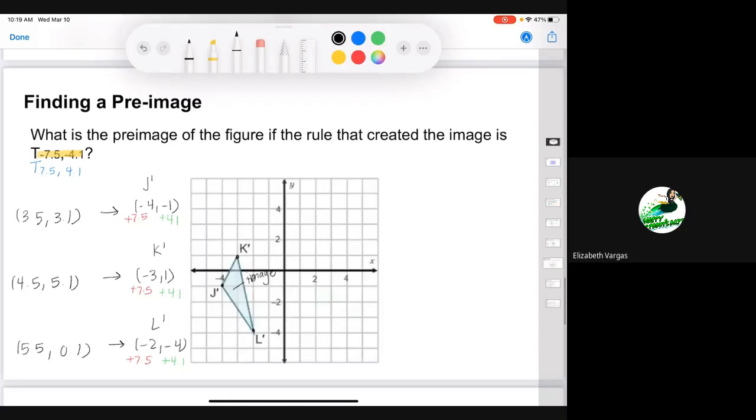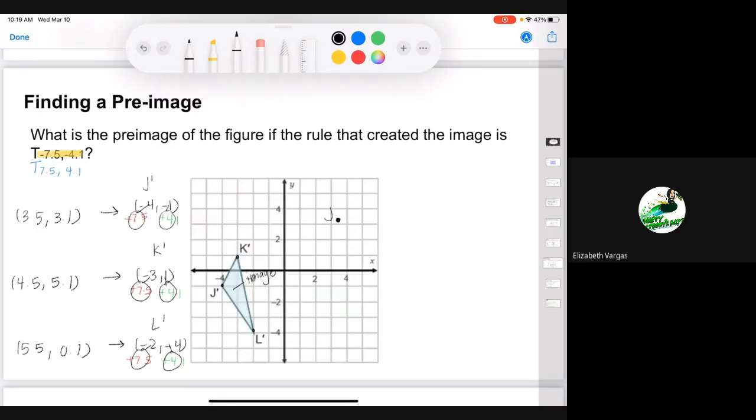So I'm just adding directly to my x's and y's, right? I'm just adding them directly. And the reason I'm adding is because I'm working backwards. Okay? And so I can go ahead. Give me 1 second.